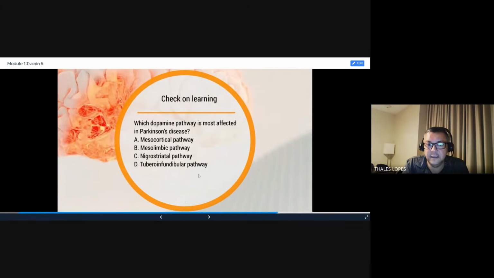So again, which dopamine pathway is mostly affected in Parkinson's disease? That would be C, the nigrostriatal pathway, right? Because here I'm referring to Parkinson's disease in reference to parkinsonism when someone is taking antipsychotics, not necessarily Parkinson's disease.